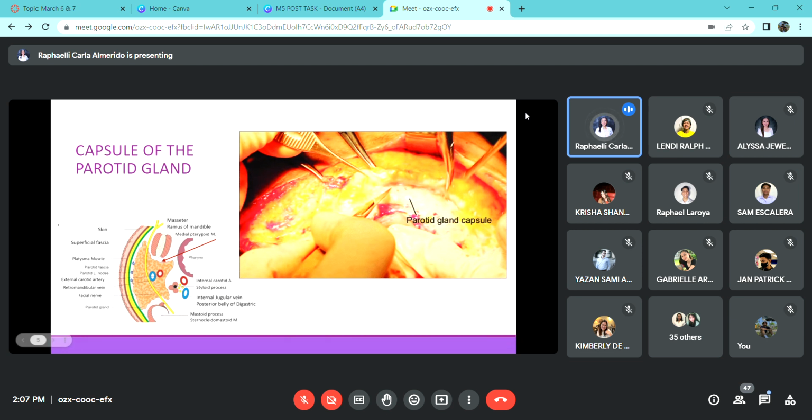Okay, so the parotid gland is very important. It doesn't just secrete serous fluid.